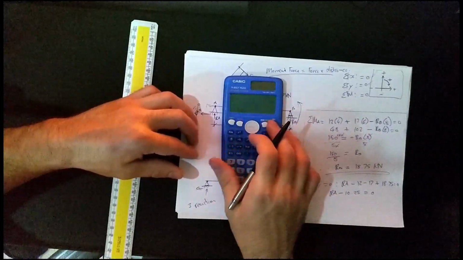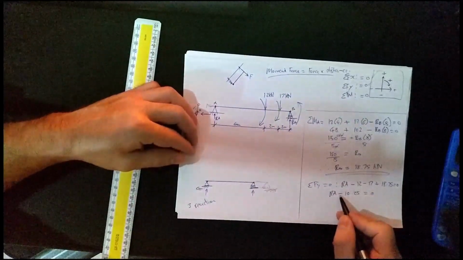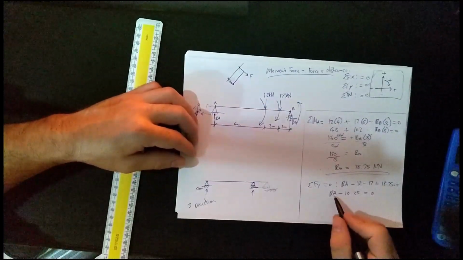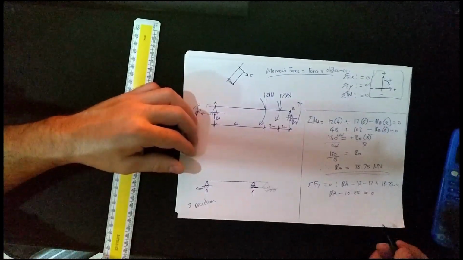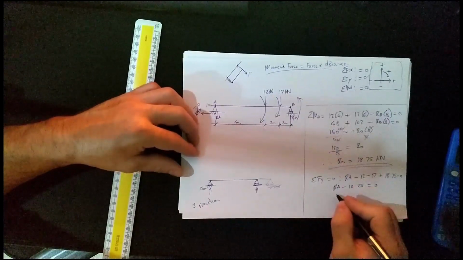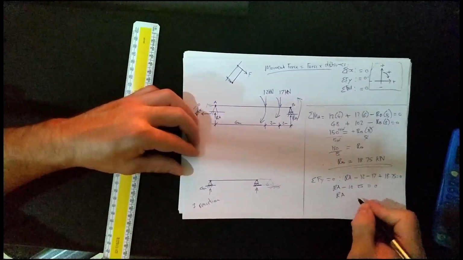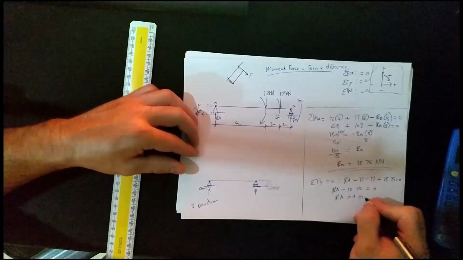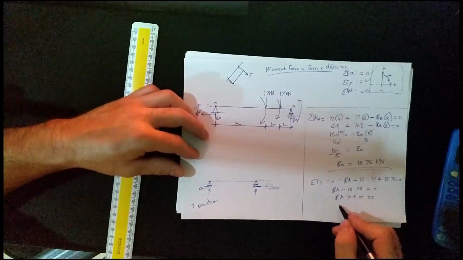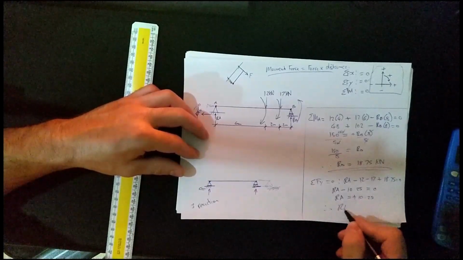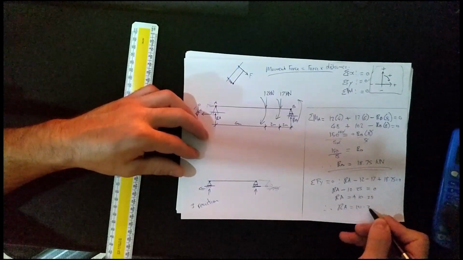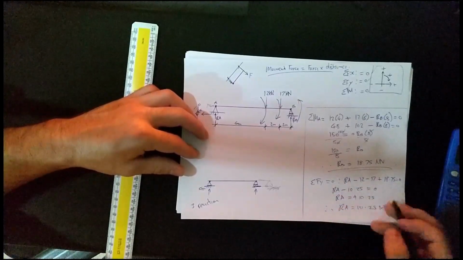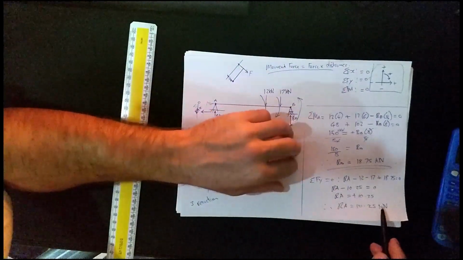So you can already guess what I'm going to do. If I want to change the side that it's on, to leave this isolated, I change the sign. Reaction force at A equals then positive 10.25. RA equals 10.25 kilonewtons, because these are all kilonewtons, no unit change there.